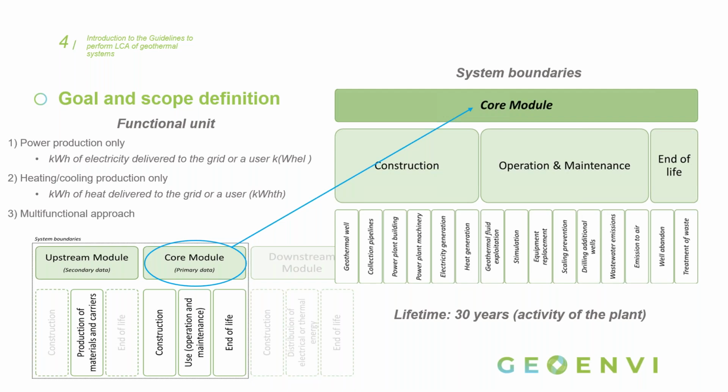And the core module is represented by the construction of the infrastructure, the operation, maintenance, and end-of-life phases. Also, indications about the lifetime for the geothermal power plant project are given and set to 30 years.